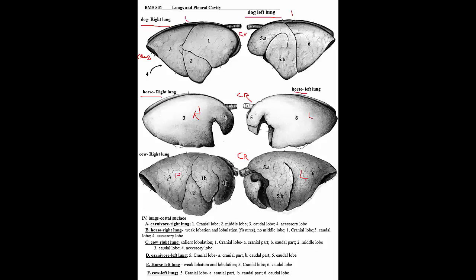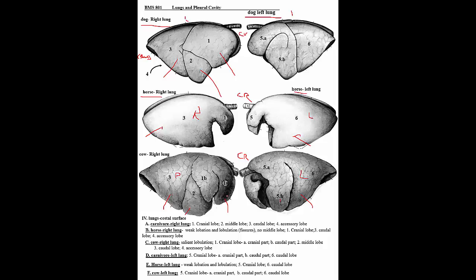And there are some basic differences to consider when you think about these species. One is the formation of the individual lobes. In the dog, it is quite easy to see on the right and left lung that there is formation of lung lobes. In the horse, this is not true. There are no individual lobes formed in the lungs of the horse. In the cow, there is also salient, obvious formation of lobes.